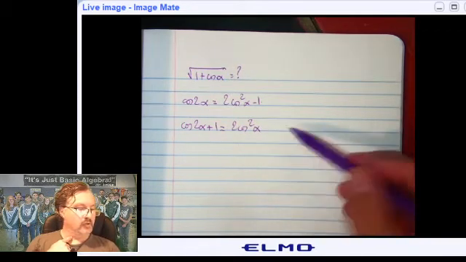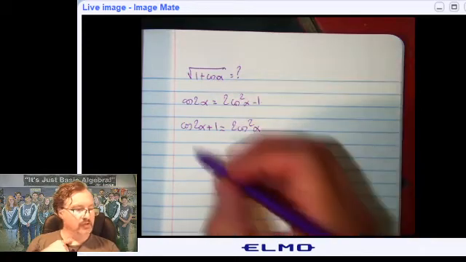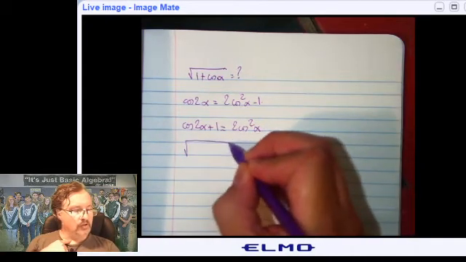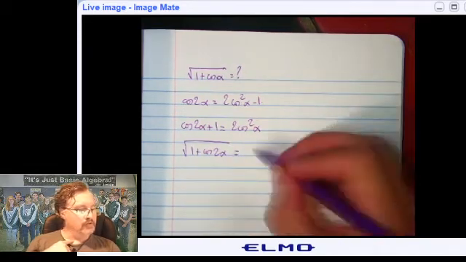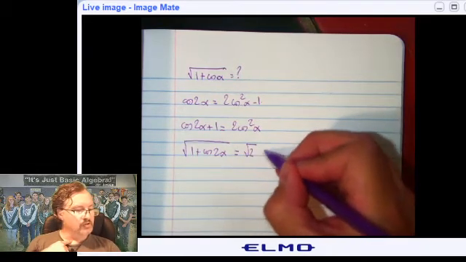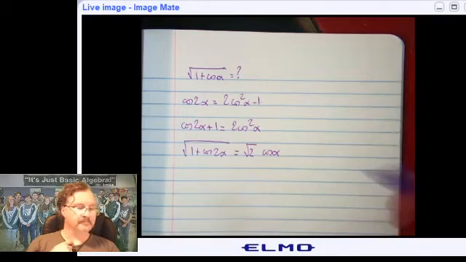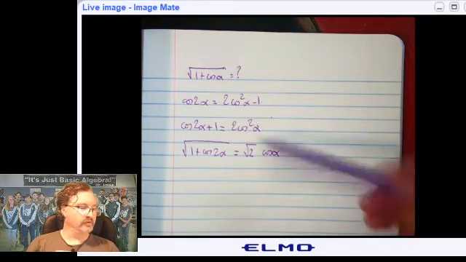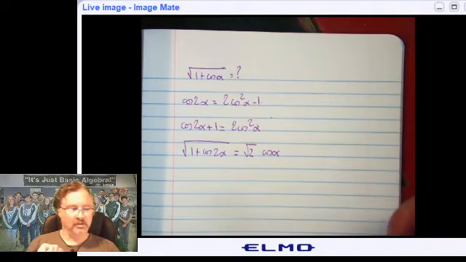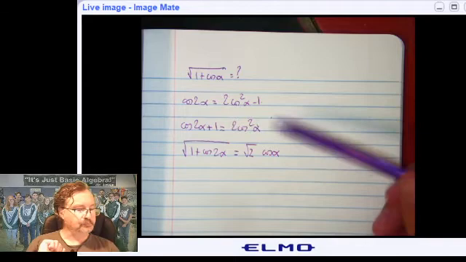And if I take the square root of both sides, it's going to give me the square root of 1 plus cosine 2 alpha is equal to root 2 times cosine alpha. I grant you that's going to be plus or minus that value, but we're going to leave it like this. You see, it will make no difference.